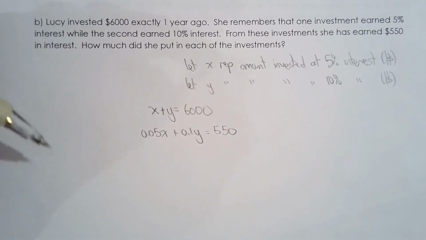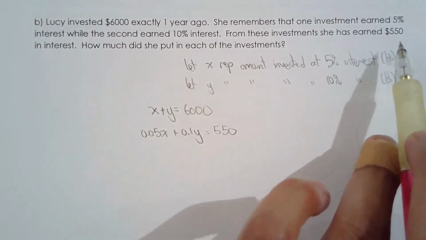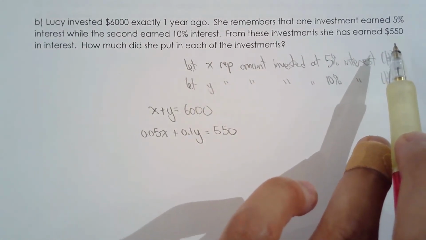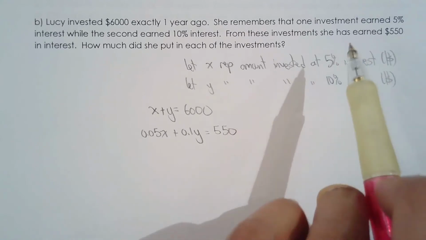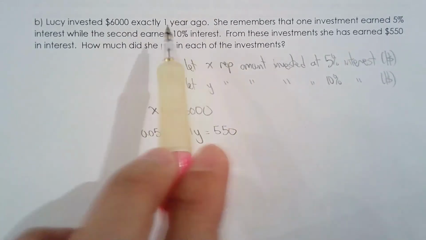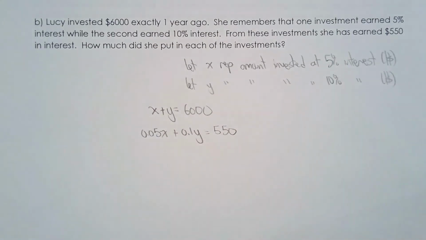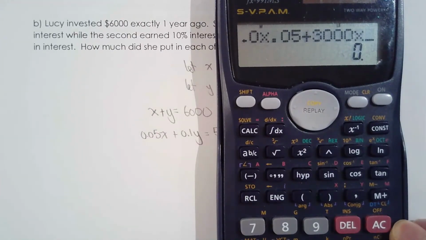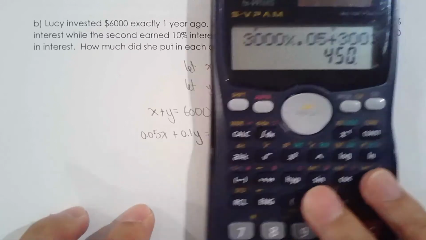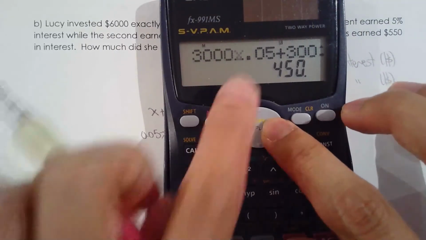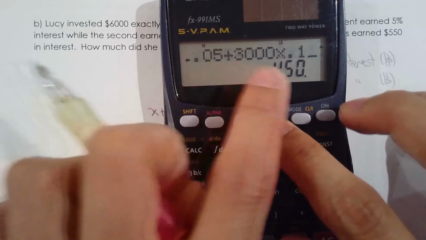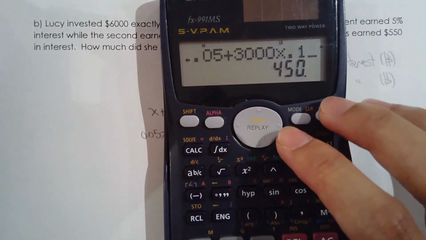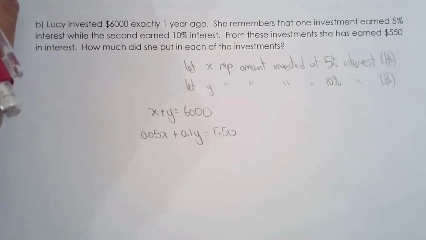If she invested $3,000 evenly in both accounts, 5% of 3,000 and 10% of 3,000, that's a perfect split, and the return is $450.